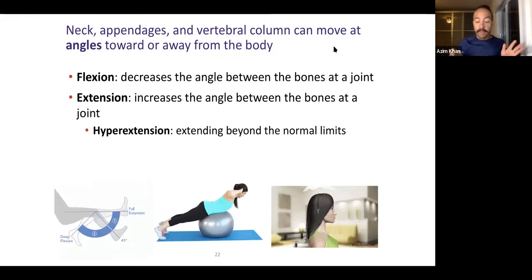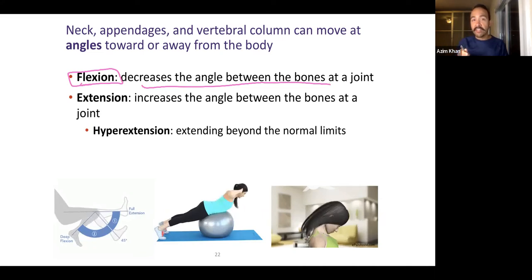We can move our neck, appendages, vertebral column if we're decreasing the angle in this anterior posterior plane. Flexion specifically means decreasing the angle between bones at a joint. I know we use the word flex colloquially in everyday terms to mean just making a muscle toned.